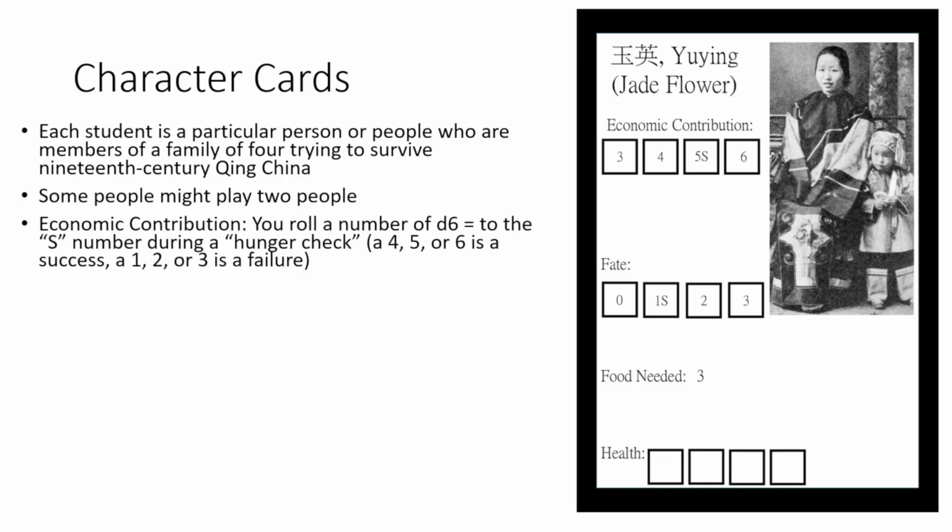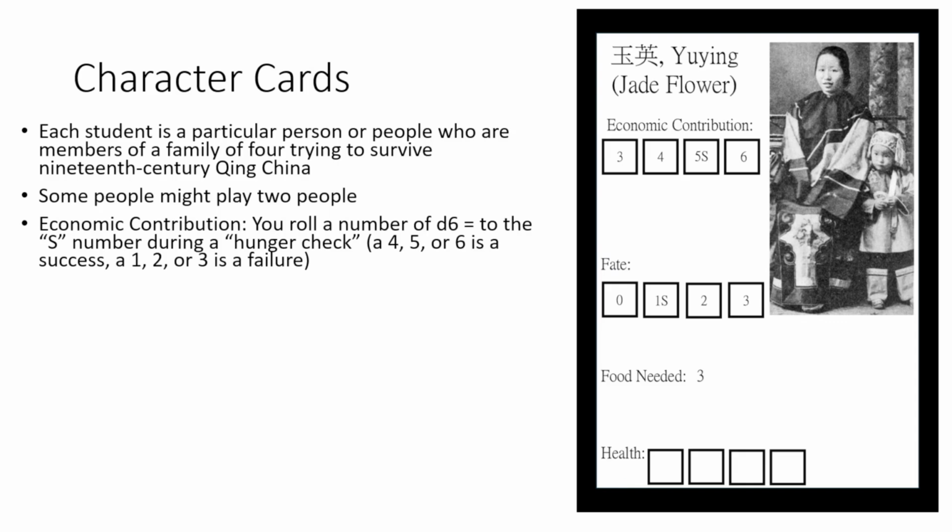Once you have your card, it's important to look at it. First of all, your character will have a name, and it includes the original Chinese characters, how they're pronounced in English, and the English translation. That's where Terry was of great assistance. Below that, you can see their economic contribution, and that's the number of dice that you roll during a hunger check.